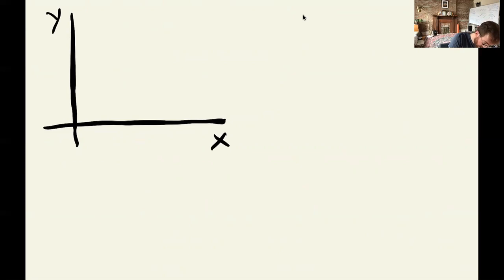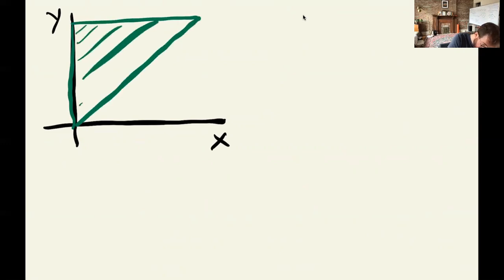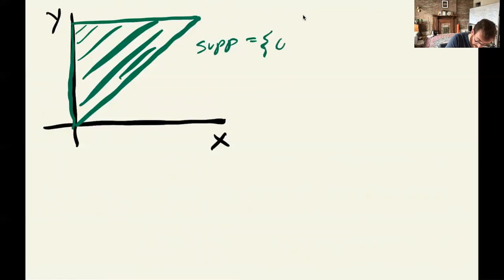So what this means is, imagine this is 1. So my distribution is concentrated on the support, a set of points where 0 is less than or equal to X, which is less than or equal to Y, which is less than or equal to 1. But this is not uniform.